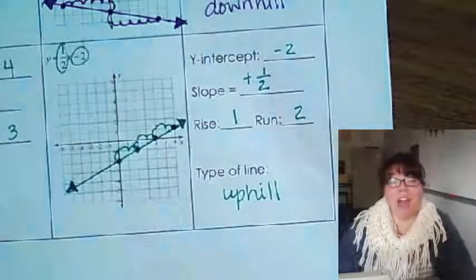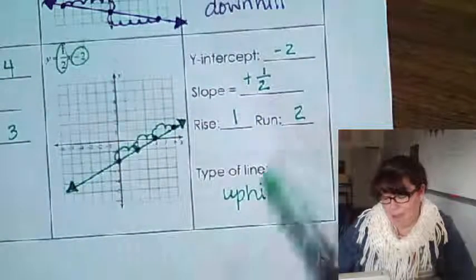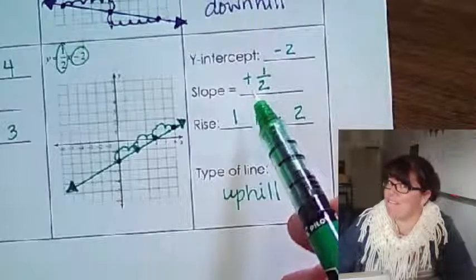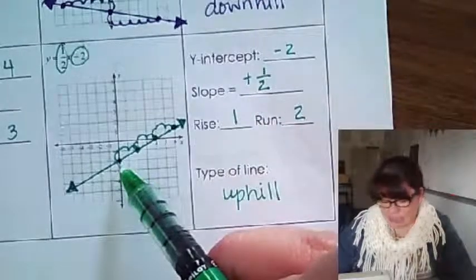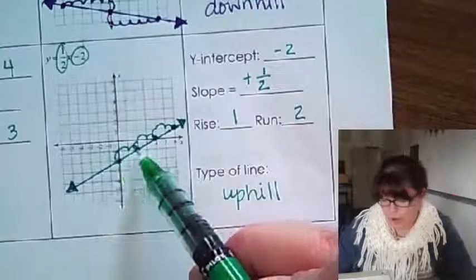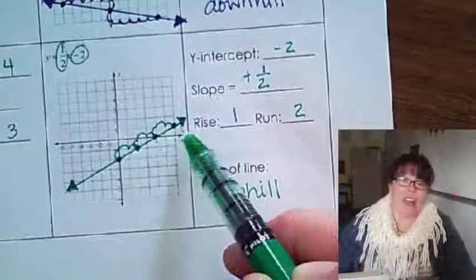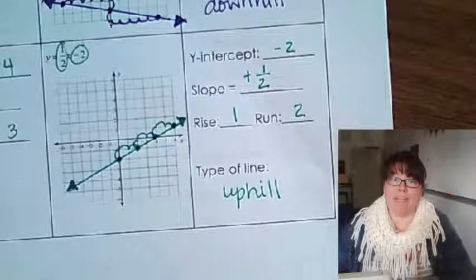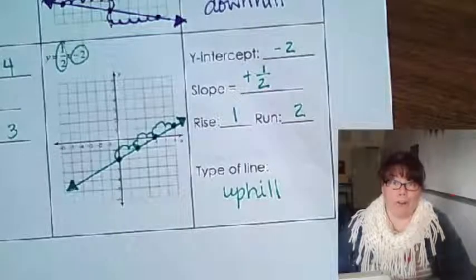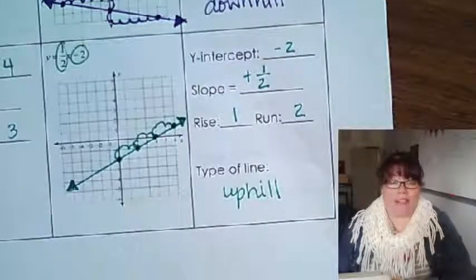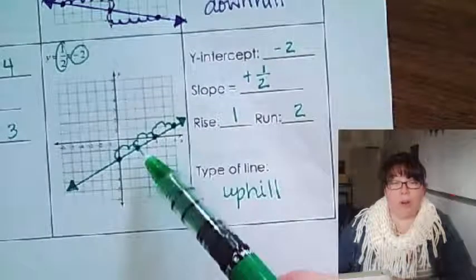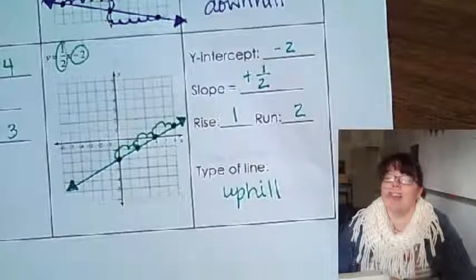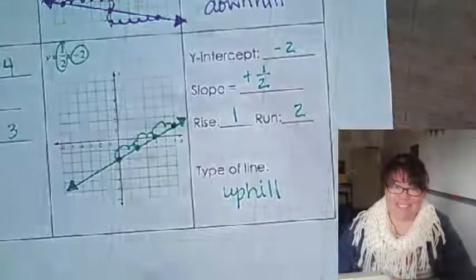You should have gotten that it was an uphill line because this is the first time that our slope was positive. And then once you have your beginning point on the y-axis, it's just up 1 over 2, up 1 over 2, up 1 over 2. And you can keep doing that as many times as you need to fill up your whole coordinate grid. Okay, so you don't have to stop when you get 2. If they're close together like these and you want to get a couple more just to make sure that you're on the right track, that is just fine.